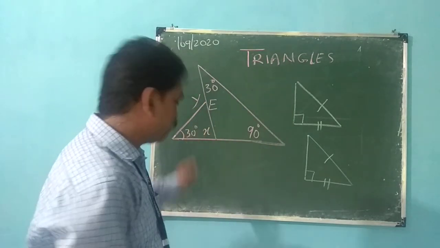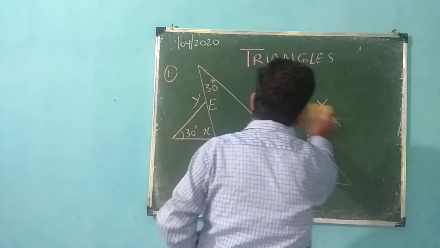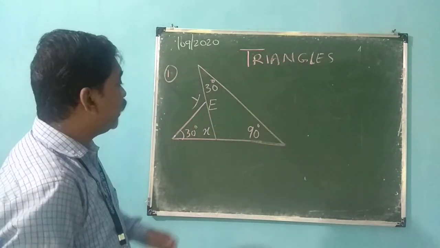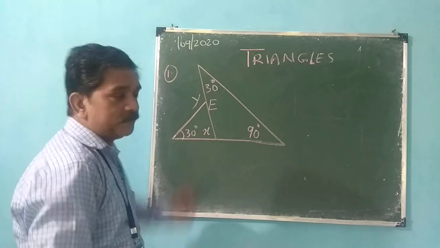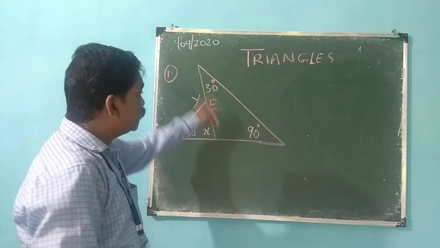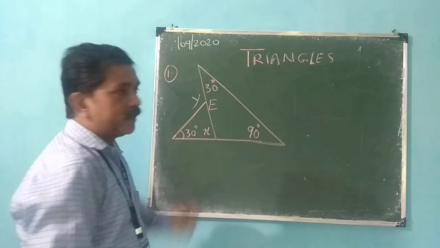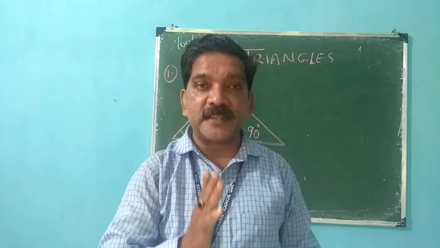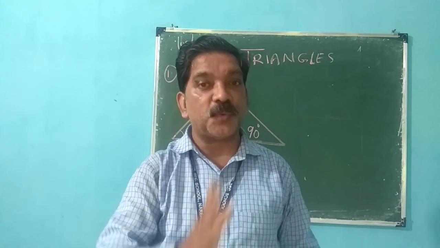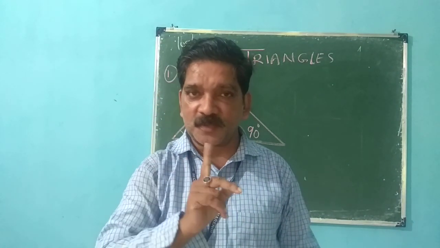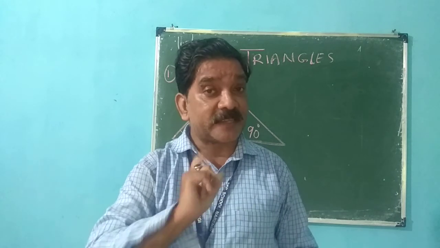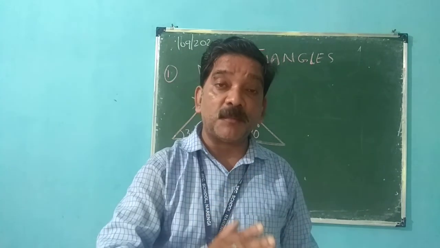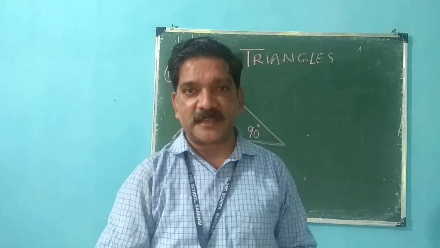Now let me come to this question. In this question you have to find out the value of x and y. There are two triangles, one big triangle, one small triangle. We know very well the sum of three angles of a triangle is equal to 180 degree. This was one property. The second property was the exterior angle is equal to the sum of two opposite interior angles.